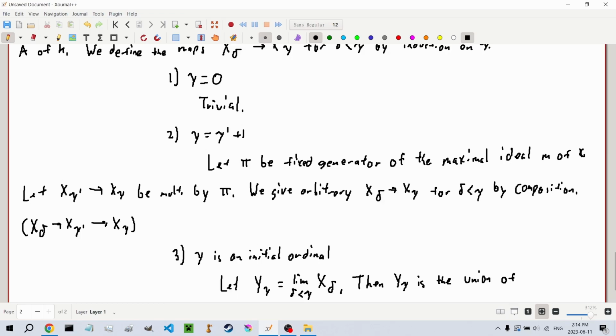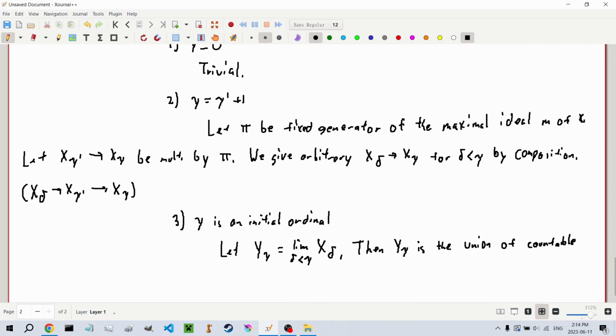Then y gamma is the union of the countable family of open compact subspaces x delta for delta less than gamma, and hence is paracompact.